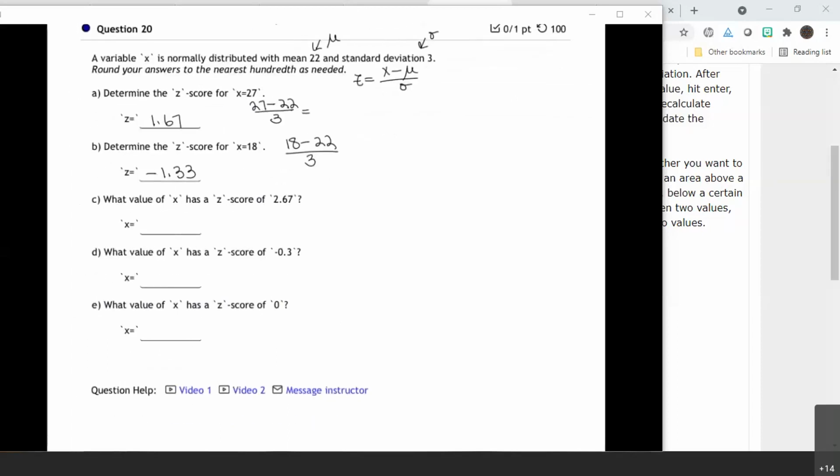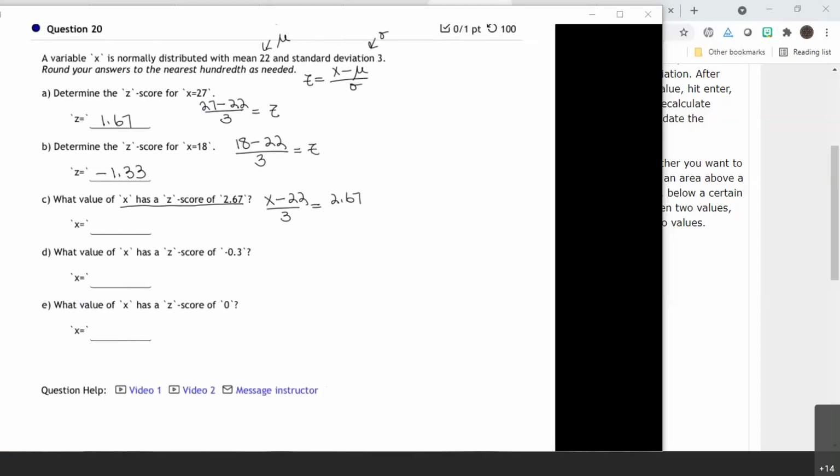What value of X has a z-score of 2.67? This is done a little bit backwards. This is like saying X minus 22 divided by 3 equals 2.67. In the first ones I was looking for Z; here I'm looking for X. So you need to do a little bit of algebra.